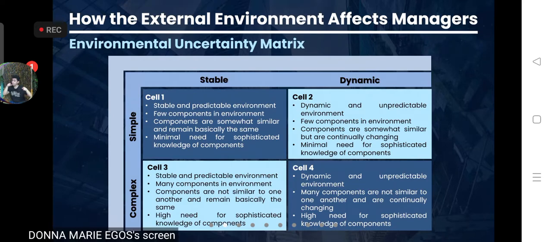Managers have the greatest influence on organizational outcomes in cell number 1 and the least in cell number 4, because cell number 1 is still predictable, and managers would prefer to operate in the least uncertain environment.